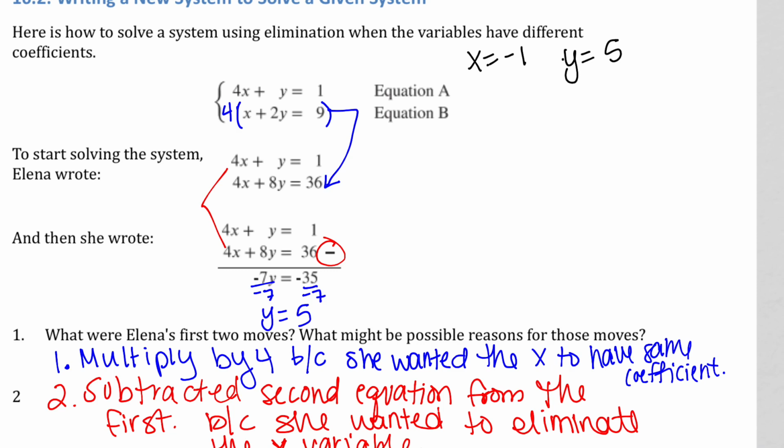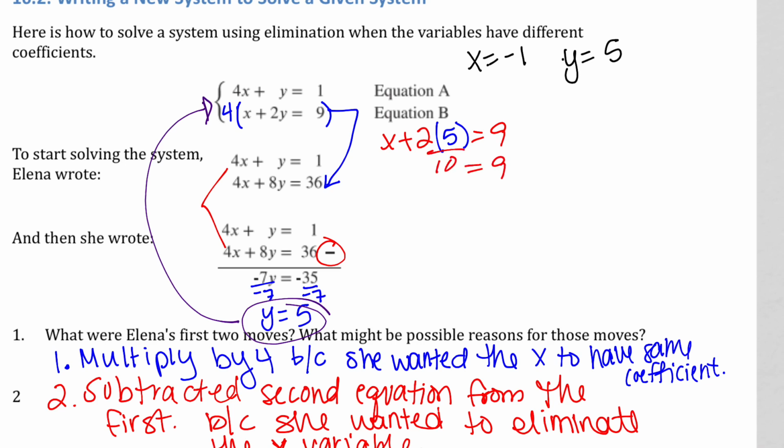Okay, so here's what we're going to do. Do you guys remember using substitution to solve for variables? So we're going to take our y value and substitute it in to one of our original equations. I'm going to do the bottom one. We're going to do x plus 2 times 5 equals 9. 2 times 5 is 10.